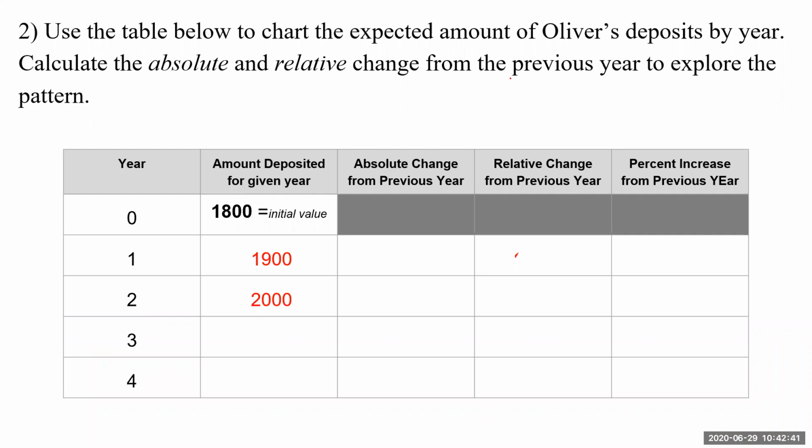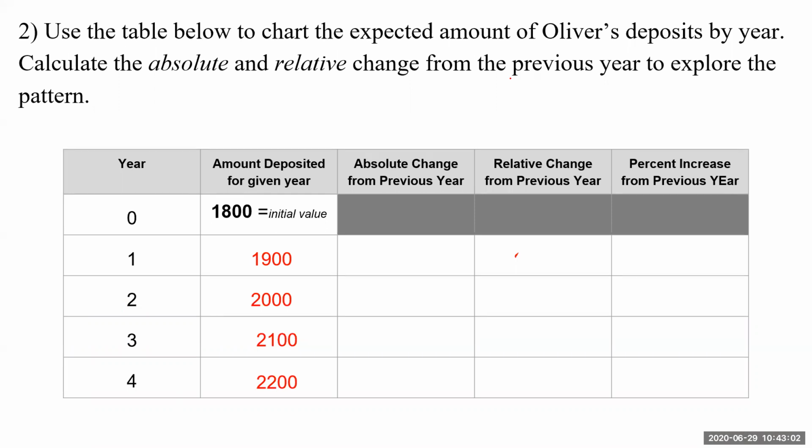All right. Now we want to put this on a table. We want to use the table below to chart the expected amount of Oliver's deposits by year. Now we want to calculate the absolute and relative change. Don't forget that absolute change is the new minus the old.